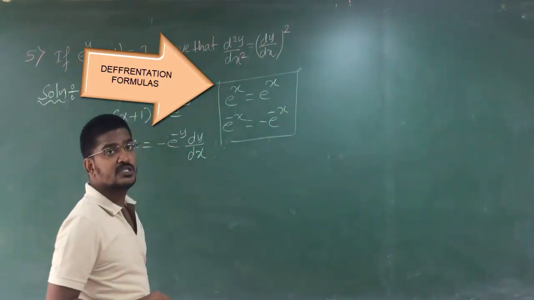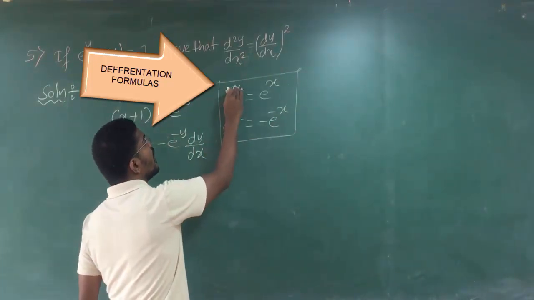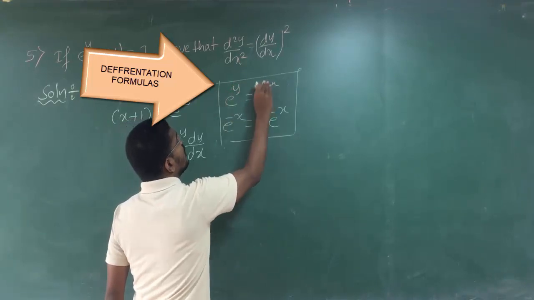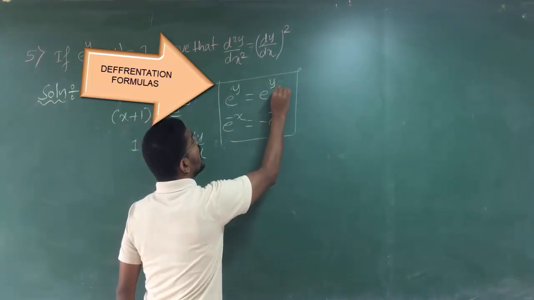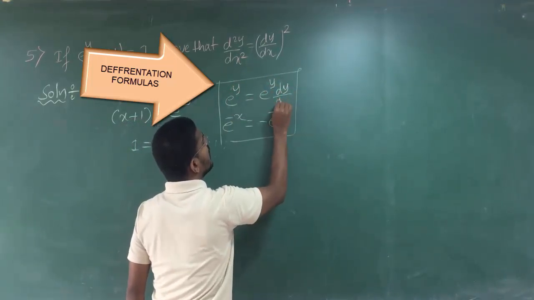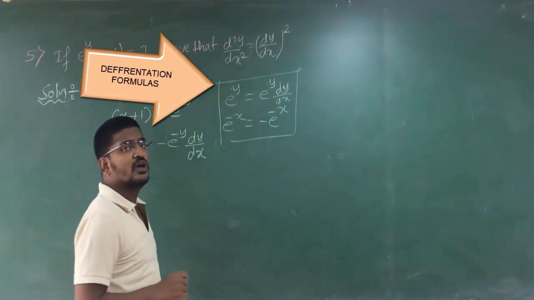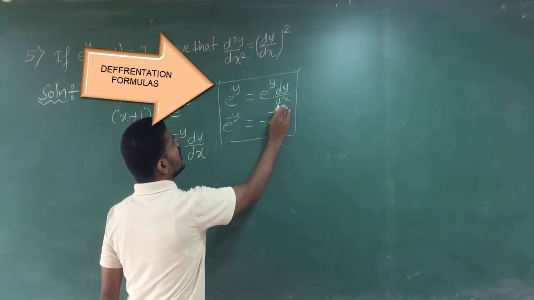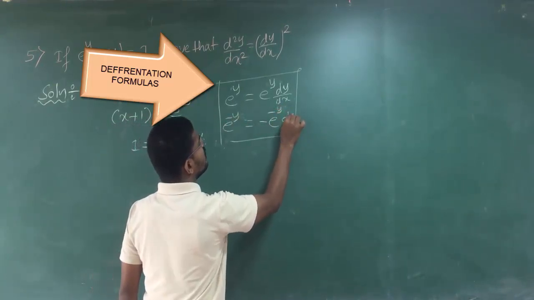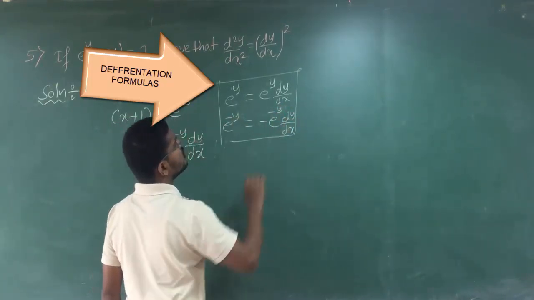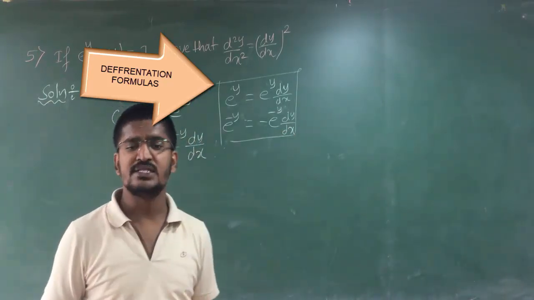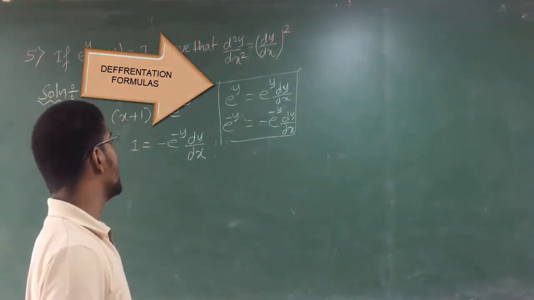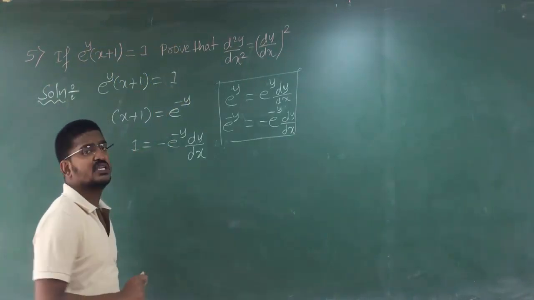Clear, students? Suppose here if you have y, you have to write it as e raised to y into dy by dx. That is what your formula says. Here if you have minus y, you have to write minus e to the power of minus y into dy by dx. You should remember these things. If you know that, these things will be very easy.